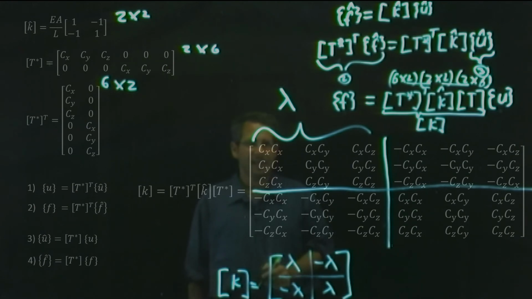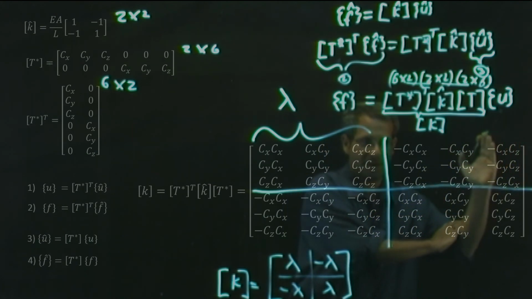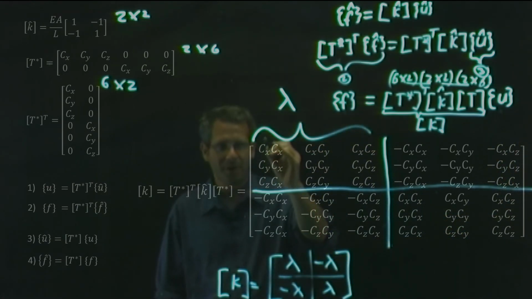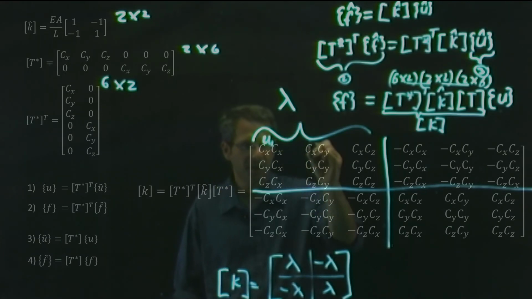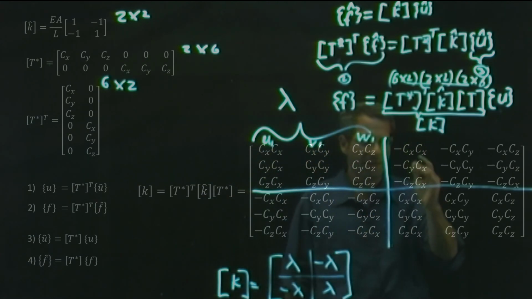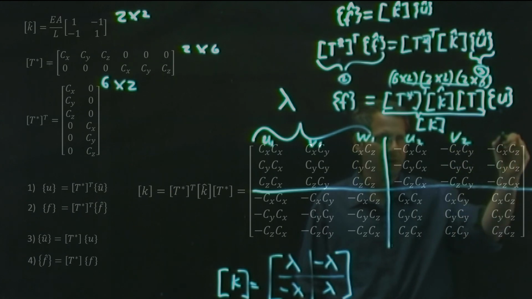Okay? Lastly, remember that this matrix is going to get multiplied by the displacement vector for each element. So remember that this column corresponds to U1, this corresponds to V1, this corresponds to W1, this column corresponds to U2, this column corresponds to V2, this column corresponds to W2.